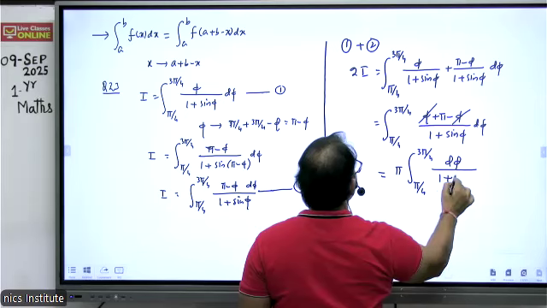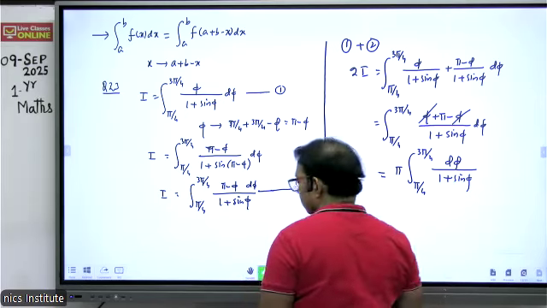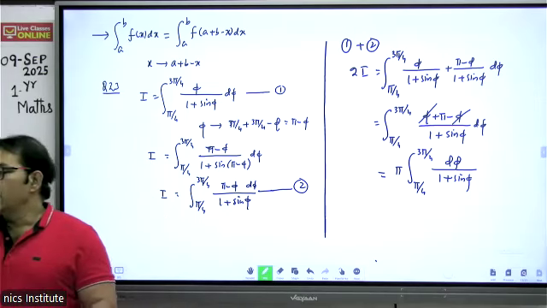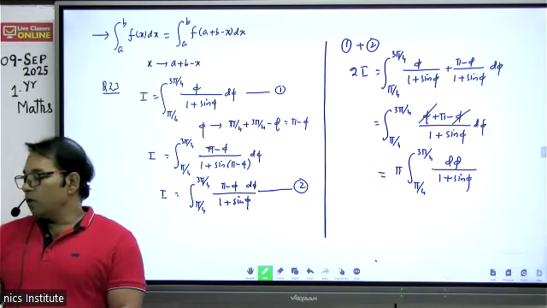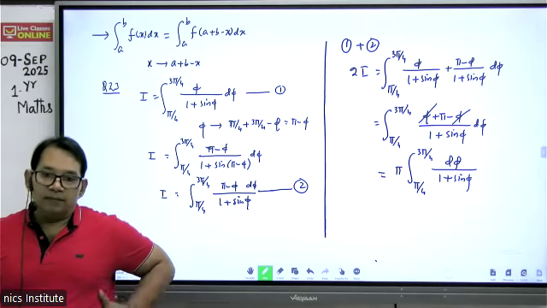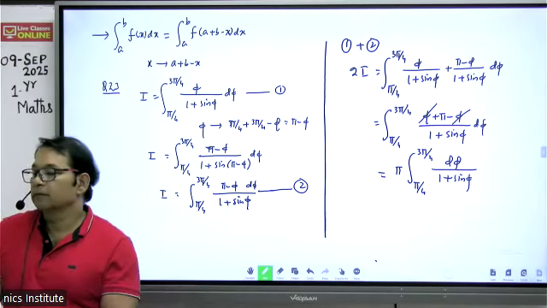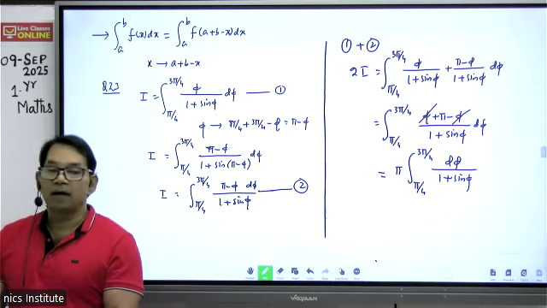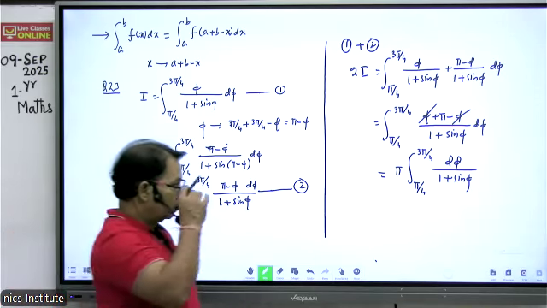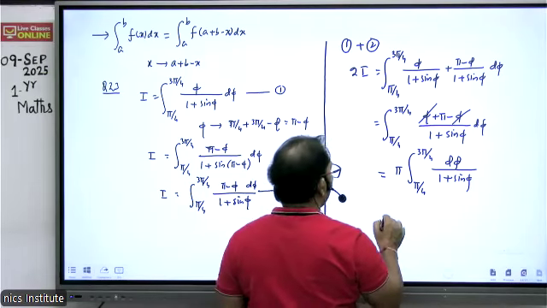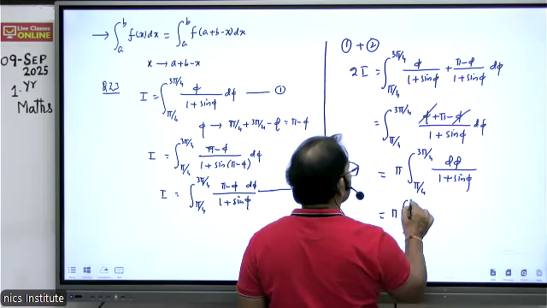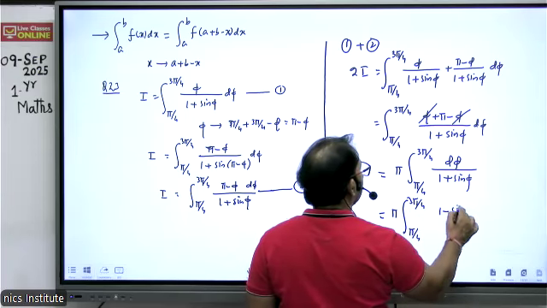How to integrate 1 over 1 plus sine phi? Anyone? Rationalize. Multiply by 1 minus sine phi.